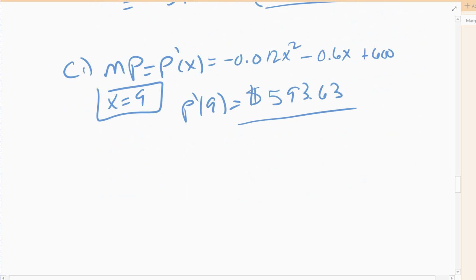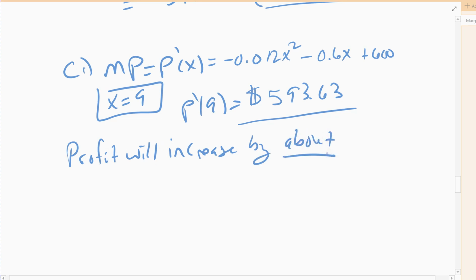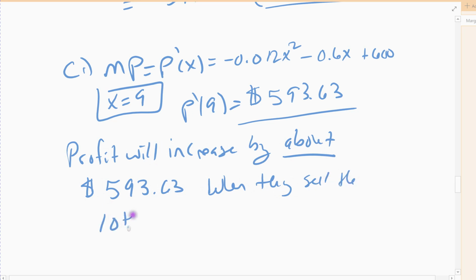That's the important part. All right, so profit will increase by about $593.63 when they sell the 10th laptop, right?